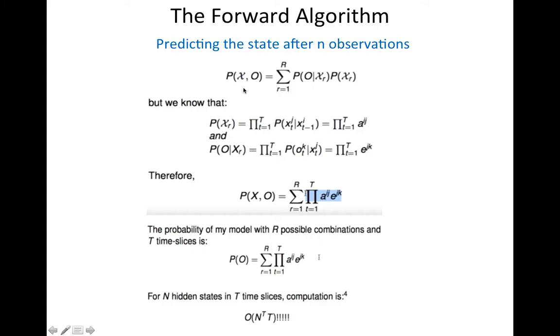Therefore you can write this probability of O as a summation over the product of all the possible probabilities. This is a huge computation. If there are n states and t time steps, it is n to the power t times t. That is why we need an algorithm to do that.